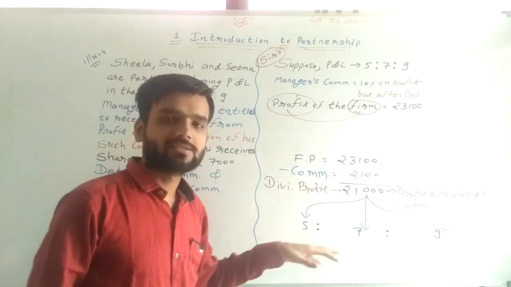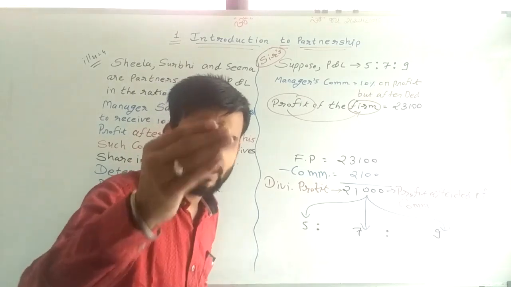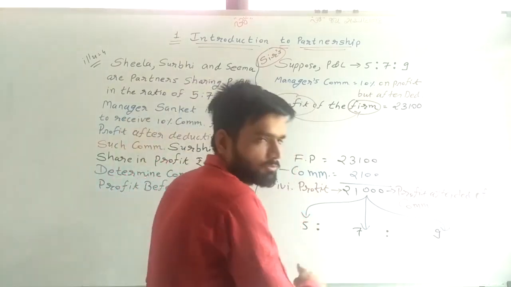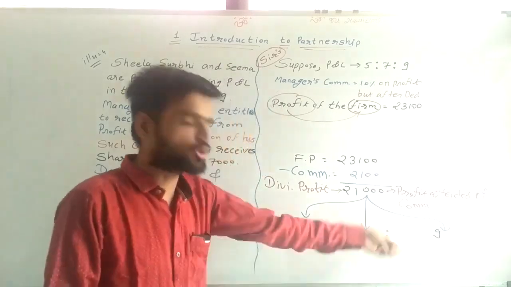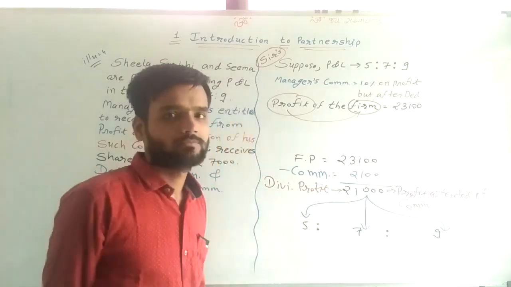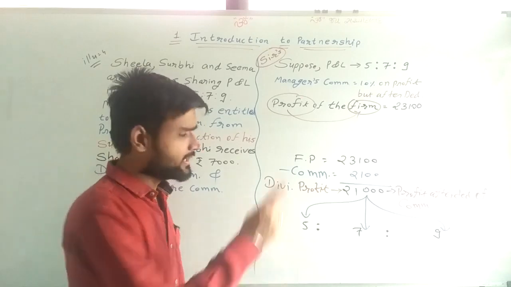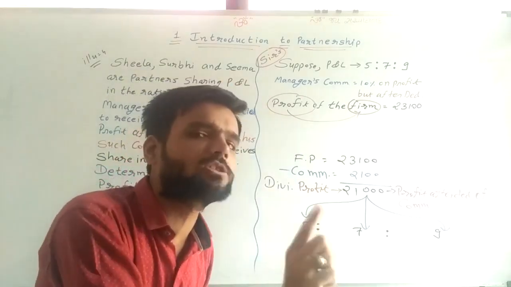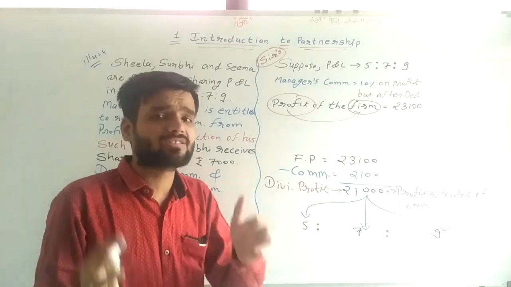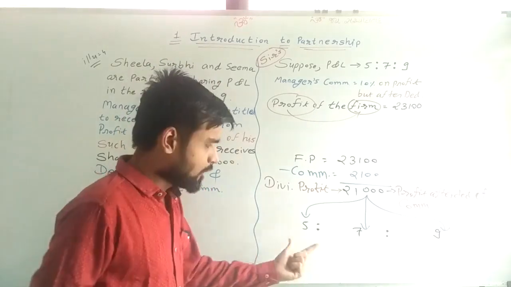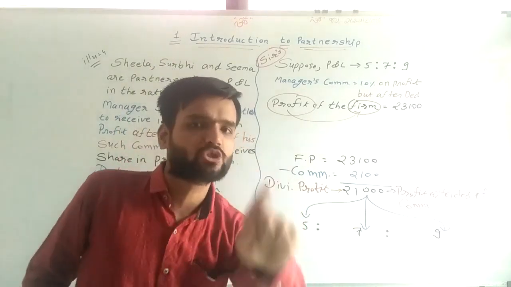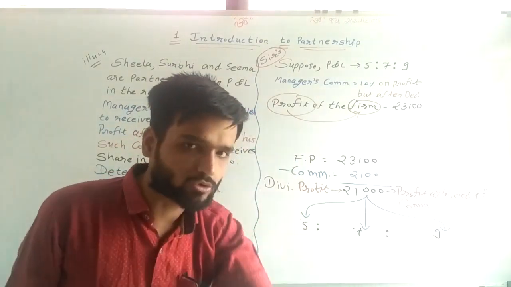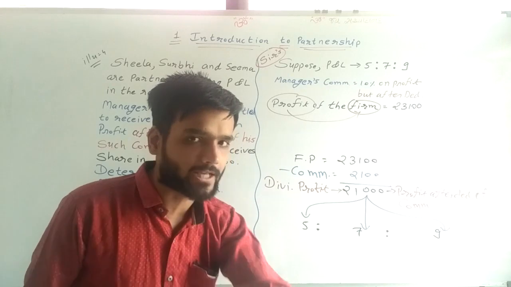Now how can we distribute? 90% of students know how we can distribute the profit in the ratio. But I am explaining this distribution only for that 10% of students who cannot understand even today how we can distribute in the ratio. So for those 10% students, please try to understand.